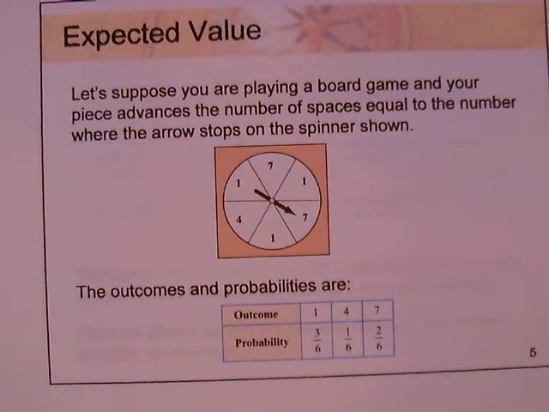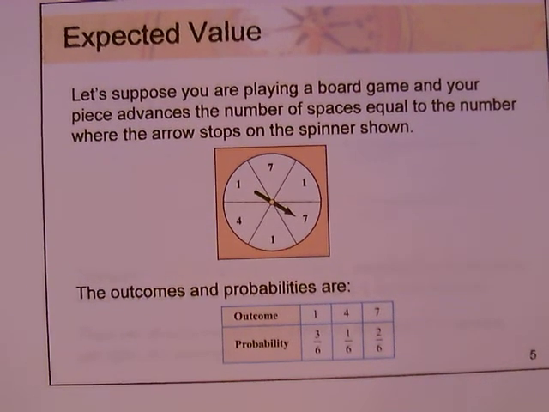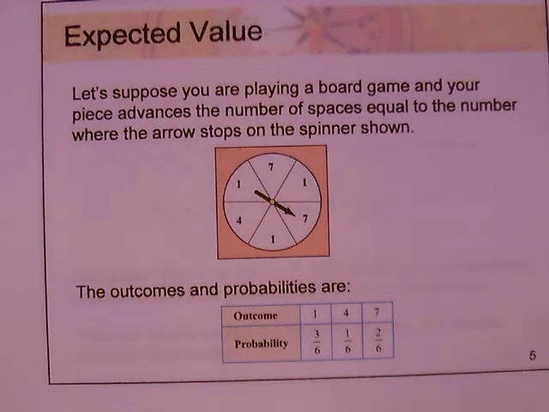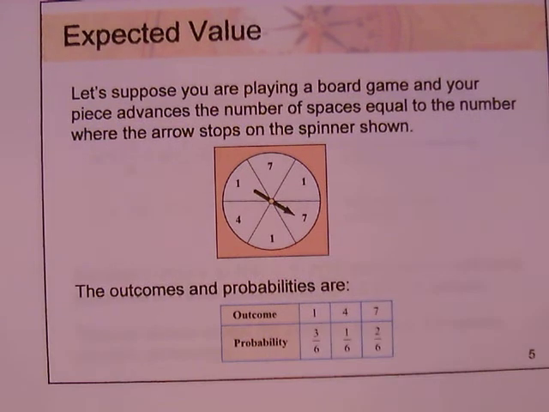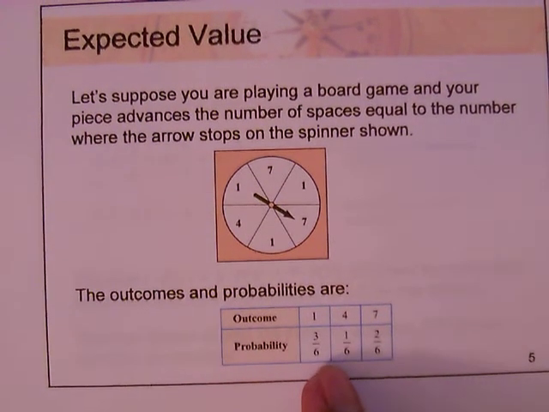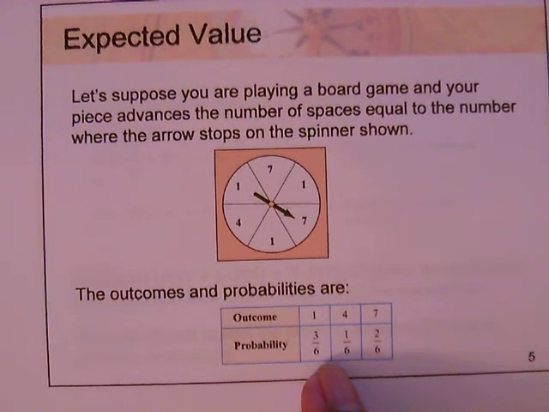Let's suppose that you are playing a board game and your piece advances the number of spaces equal to the number where the arrow stops on the spinner shown, as in this case right here. Here we listed all the outcomes, a 1, a 4, and a 7, because those are the only numbers on that spinner. For a 1, the probability would be 3/6, because there are three 1s out of 6 numbers on that spinner.